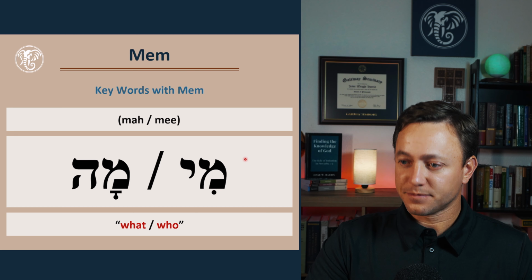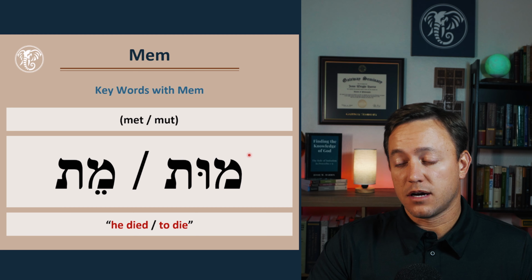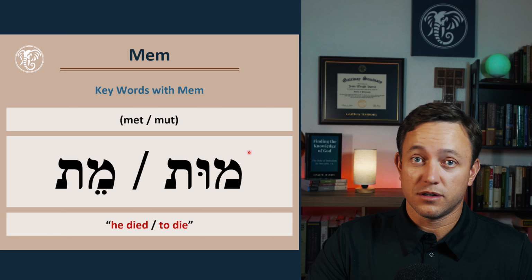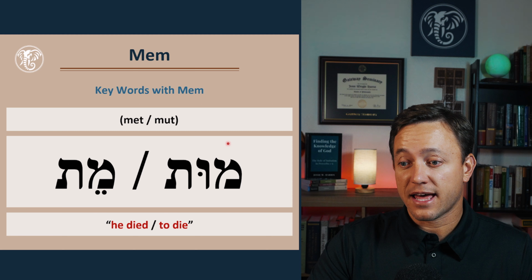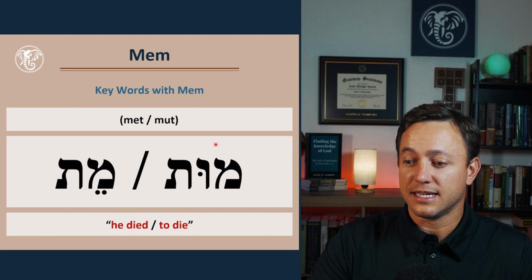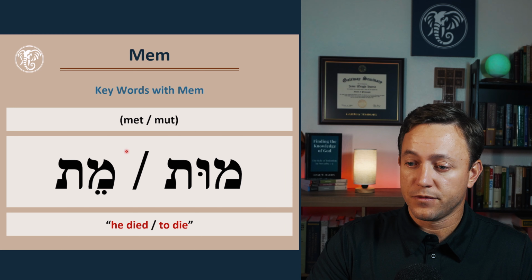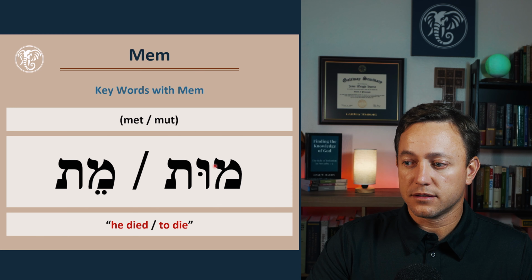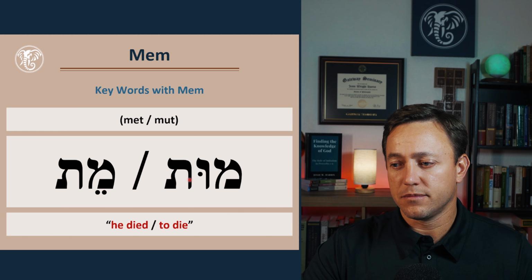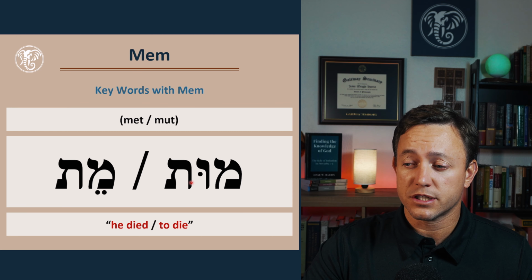What, ma? All right, and two more words which are a little bit more dark and sad here. But these are the words to die or death, and then the verb meaning he died. And that is the words mut, or met. And because of this special form here, the word has a vowel in between the two consonants. And because of this, it makes it a little bit complicated, unfortunately.